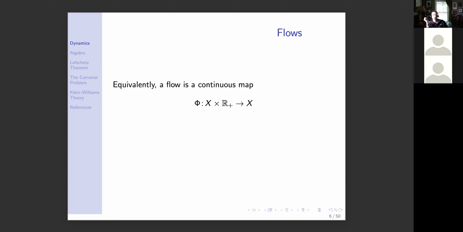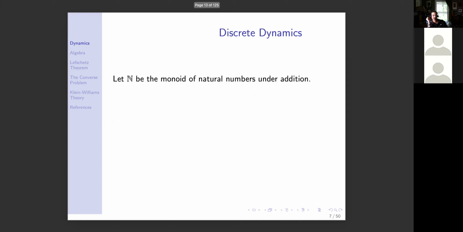A flow is a continuous map X cross the non-negative reals to X, satisfying the condition that phi of x comma s plus t, well, there's the formula, you can look at it, for all x in X and all s and t non-negative real numbers. That's usually what you would write down. So that's a flow. It's a one parameter family of endomorphisms, which satisfies a homomorphism condition.